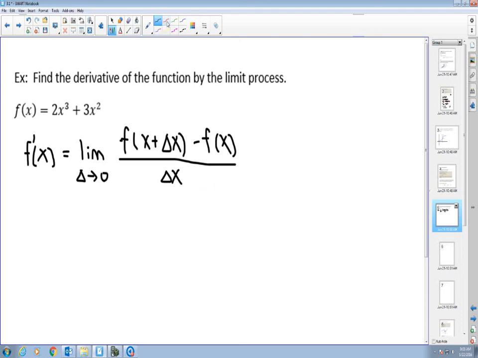I will substitute x plus delta x into whatever x I see in my function.